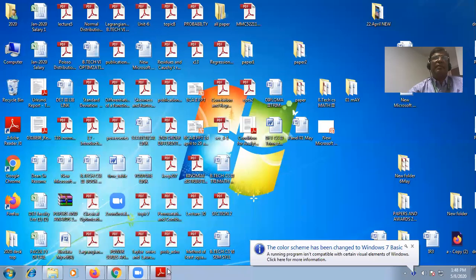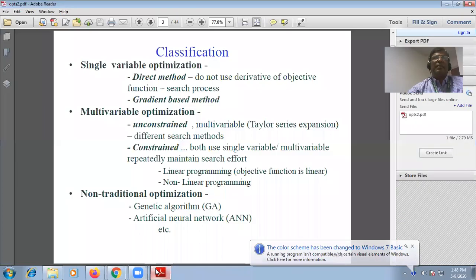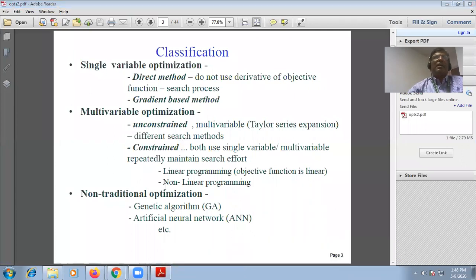I suggest you kindly see this literature. This is the classification of your optimization problem. This is single variable optimization.